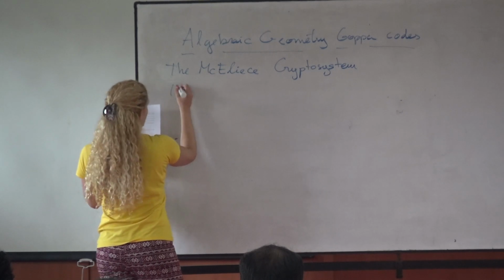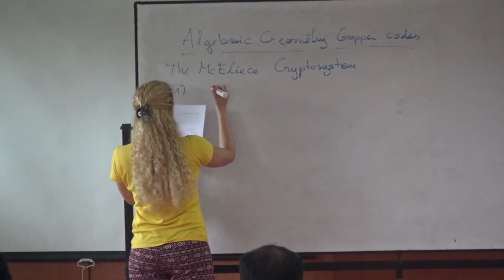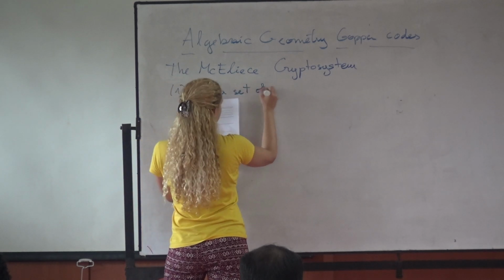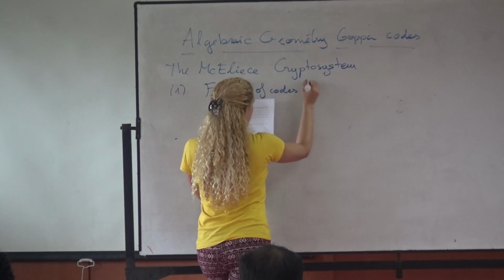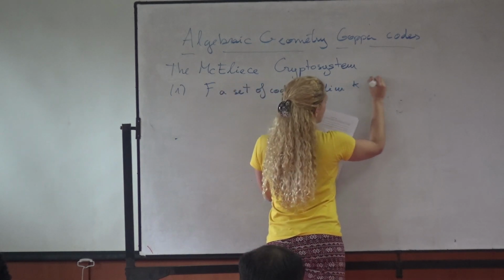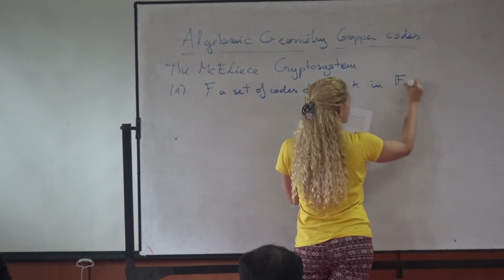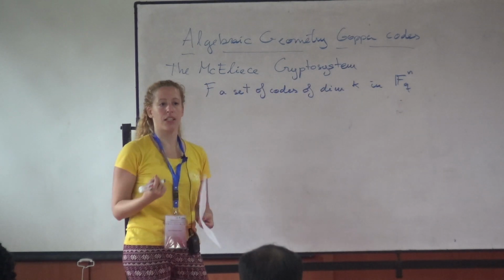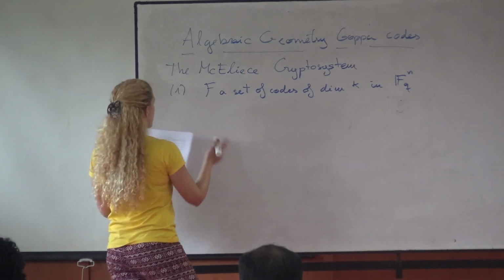So what you need for your crypto system is first F, a set of codes of dimension k in F_q to the n. So it's not only one code that you need, but you really need a set of codes.